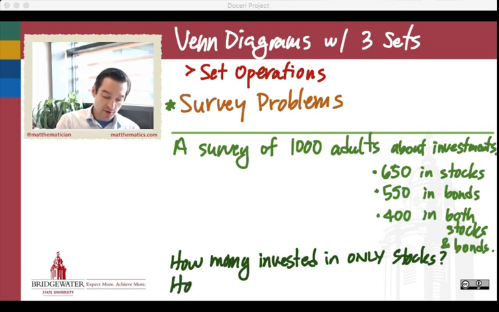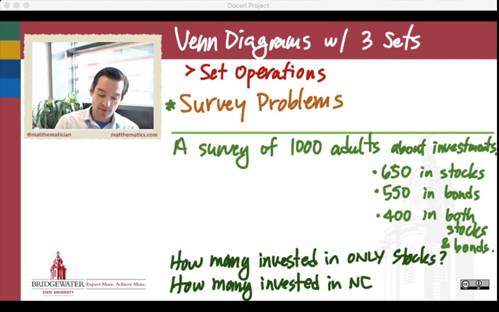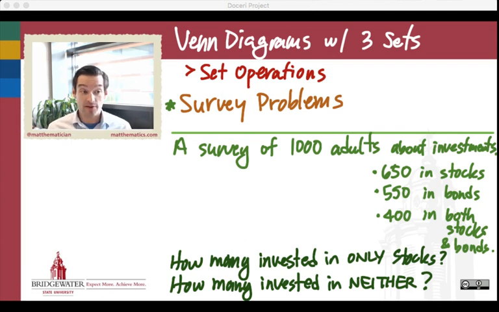And another kind of question that we might ask here is, how many invested in neither? So how many people in this survey, how many respondents, are neither invested in stocks nor invested in bonds? So we have enough information, it turns out, just based on what we're seeing here, to be able to answer both of those questions.